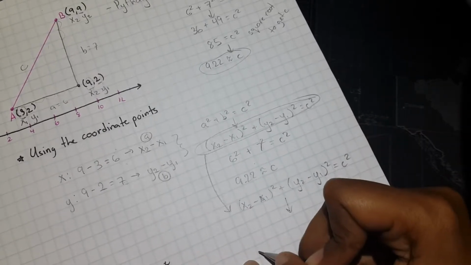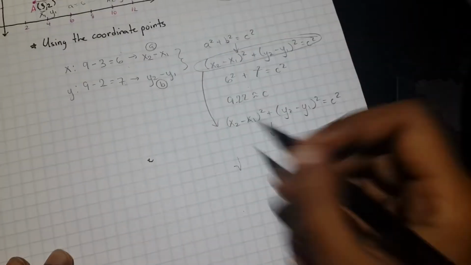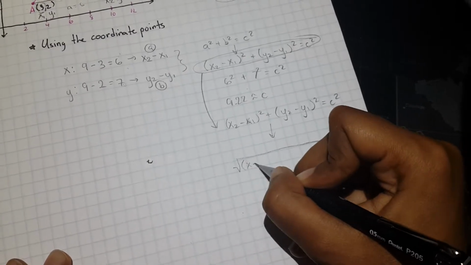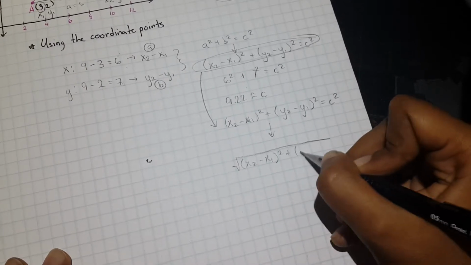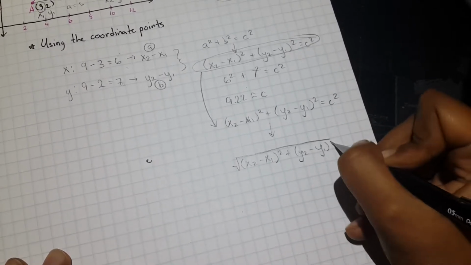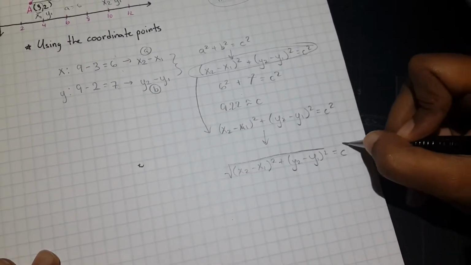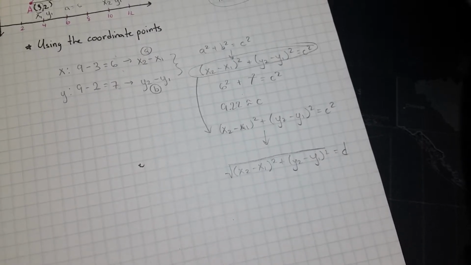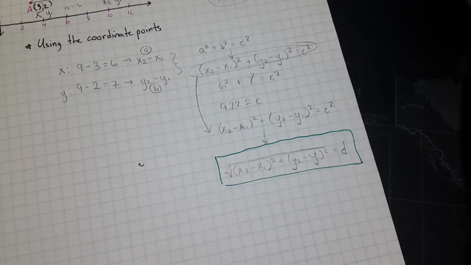So you're going to end up with the final version of this: the square root of (x2 minus x1) squared plus (y2 minus y1) squared gives us c. Sometimes they call it d for distance, so this ends up being your final product. This is the general distance formula that you see if you search online or in any textbook.